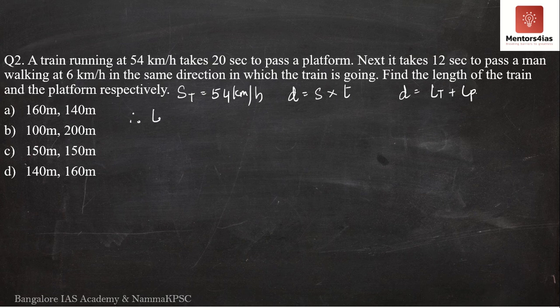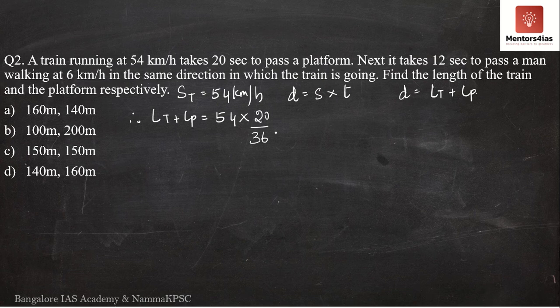Therefore, length of the train plus length of the platform is equal to speed of the train, that is 54 kilometers per hour, into the time taken to pass the entire length of the platform, that is 20 seconds. Now 20 seconds, I'm going to represent in terms of hours.